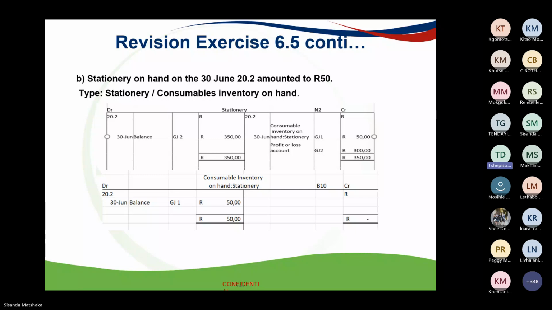So typically the accounts that would be affected would be the stationery and the consumables inventory on hand. I've just reflected them in one slide, because when you do the second part of the question, that's when we'll do the recording of the adjustments and post to the general ledger. Okay, go to the next slide for me.